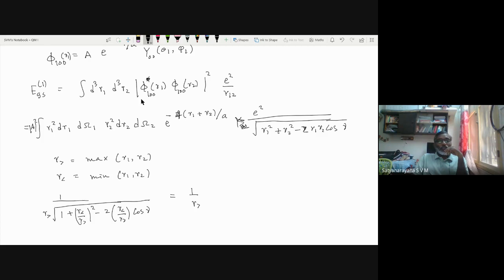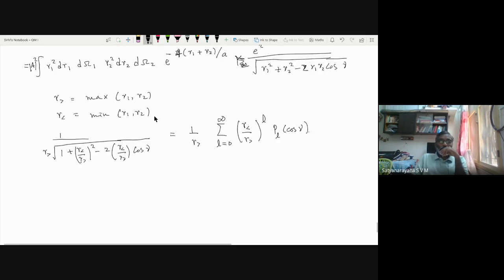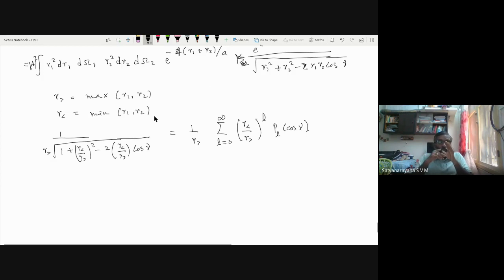So this is like 1 plus t square minus 2t cos gamma. So this is a generating function for Legendre polynomials. And hence I can write this as the sum over L equal to 0 to infinity of (R less by R large) to the power L into PL of cos gamma. Okay, this technique we will always use in electrodynamics, especially in solving problems associated with spherically symmetric cases. So this is (R less by R large) to the power L into PL of cos gamma.